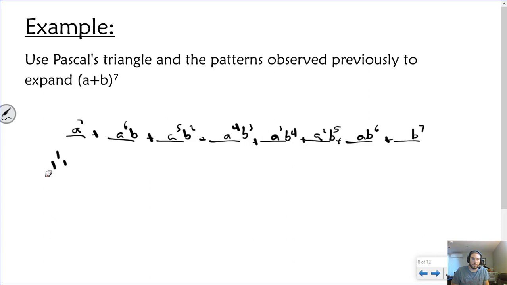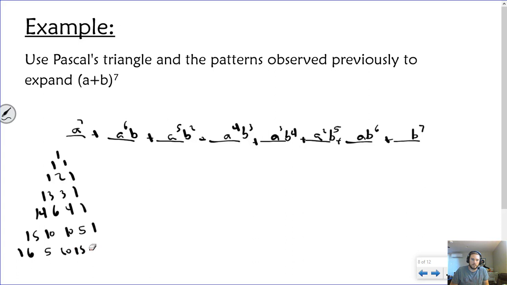So 1; 1, 1; 1, 2, 1; 1, 3, 3, 1; 1, 4, 6, 4, 1; 1, 5, 10, 10, 5, 1; 1, 6, 15, 20, 15, 6, 1; and 1, 7, 21, 35, 35, 21, 7, 1. Sorry, that should be 15, not 5.